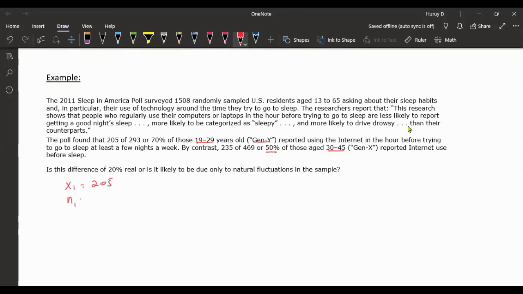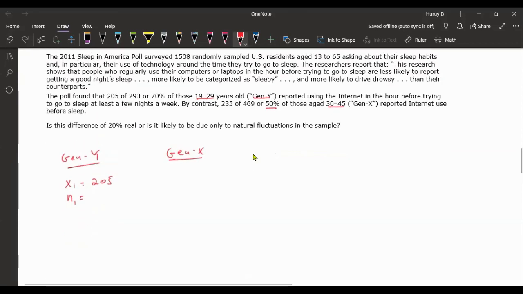And N sub 1 is the total. This is Generation Y, sorry, and then I will have Generation X. So from Generation Y, we have 205 who said yes, they use technology before they go to bed, and the total number is 293.